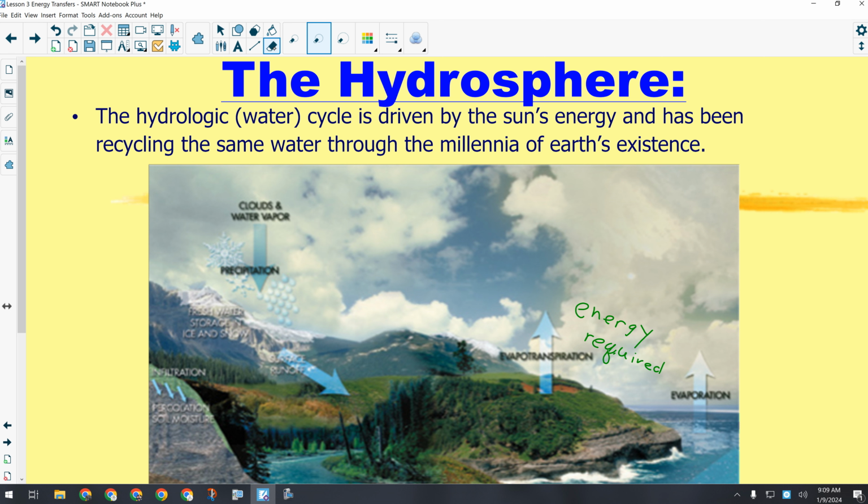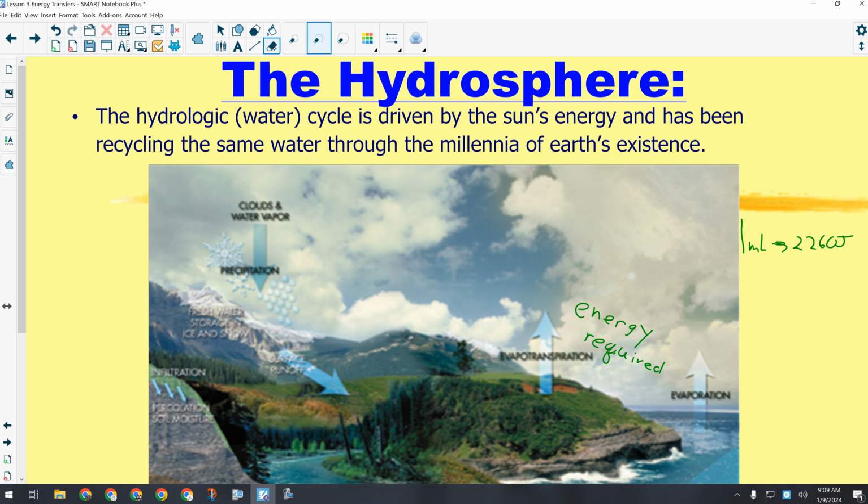So energy is required for those. Huge amounts of it, actually. To give you an idea, for 1 milliliter of water to evaporate into water vapor requires 2,260 joules of energy.